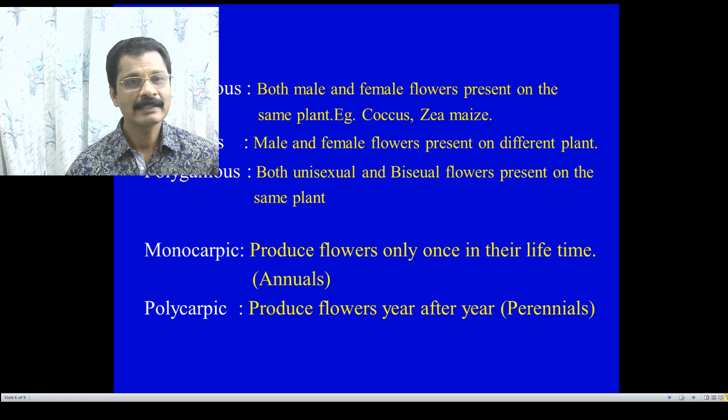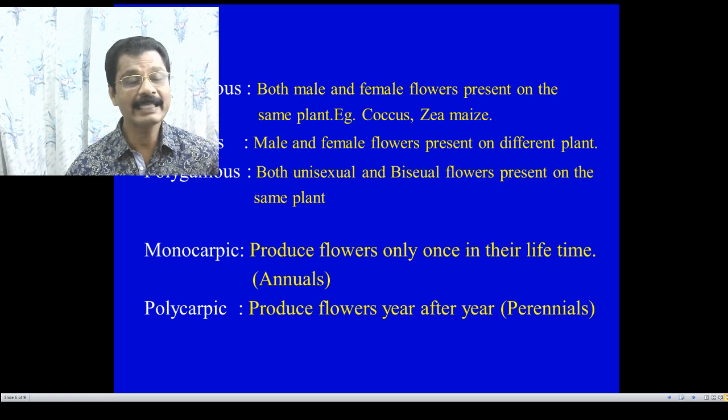Such plants are called polycarpic plants. Mangifera, Artocarpus, right? They are called perennials. They live for a longer period and produce flowers year after year. But all perennials are not polycarpic. Some perennials are monocarpic.